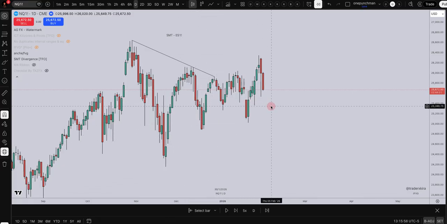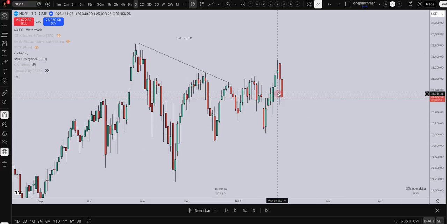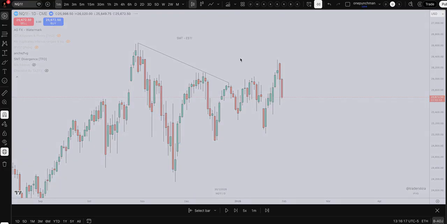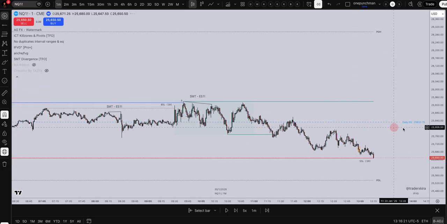Or are you leaning more bullish because of the way this wick closed? Granted, there's no IRL in here. There's one small one here. So things can get a little bit tricky because you don't know what price is going to do. So for me, I eliminate all that, and I just look at where the daily EQ is located at the open.